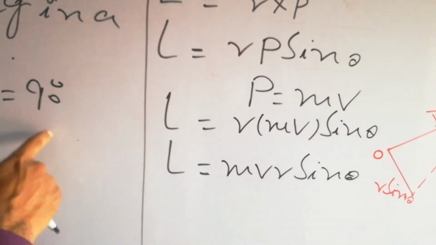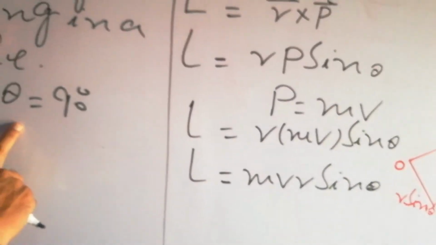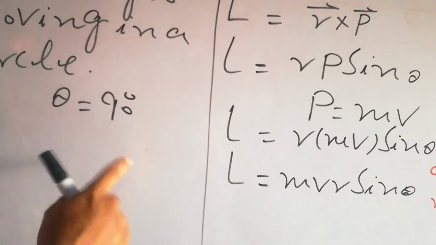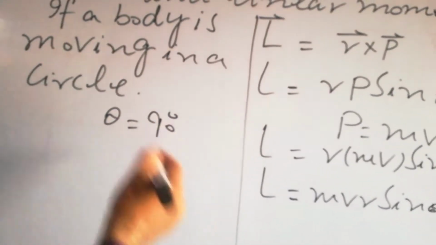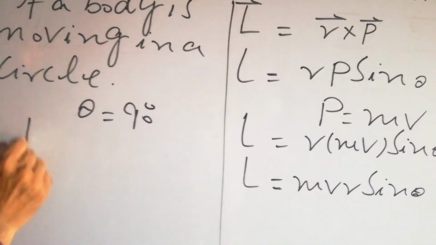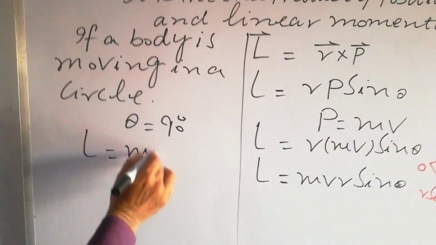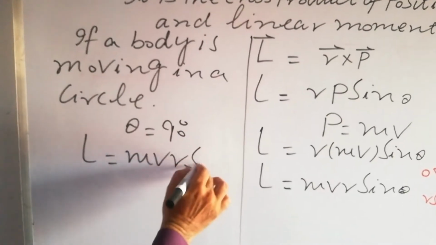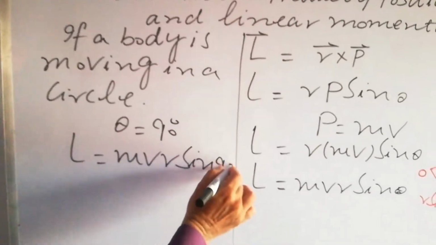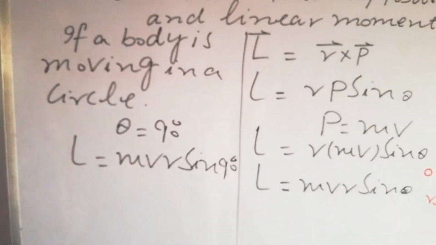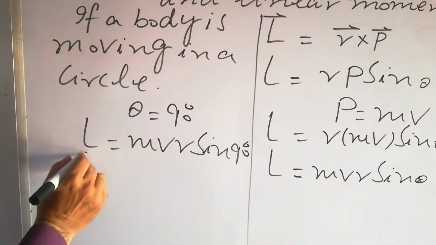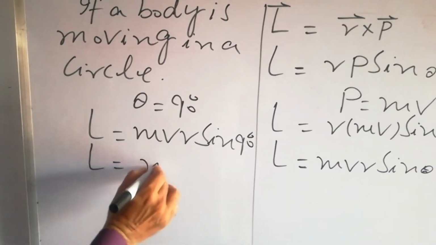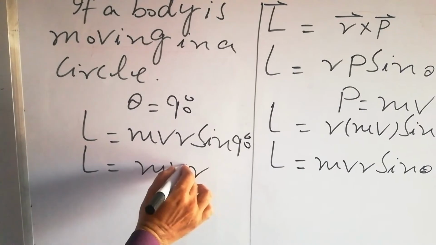So the angle between tangential velocity and radius is equal to 90 degrees if a body is moving in a circle. So putting this value, we have L is equal to mvr sine 90 degrees. And we all know, students, sine 90 is equal to 1. So L is equal to mvr.